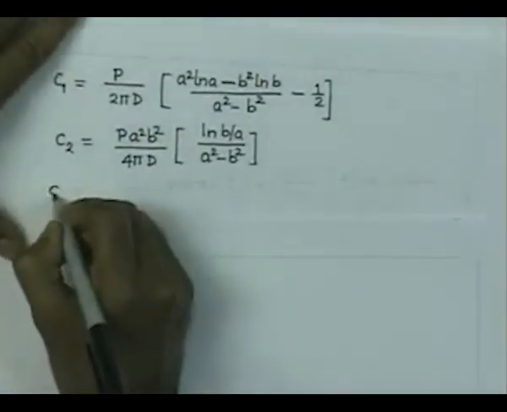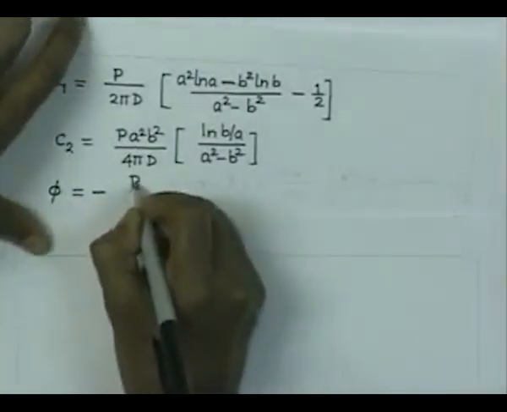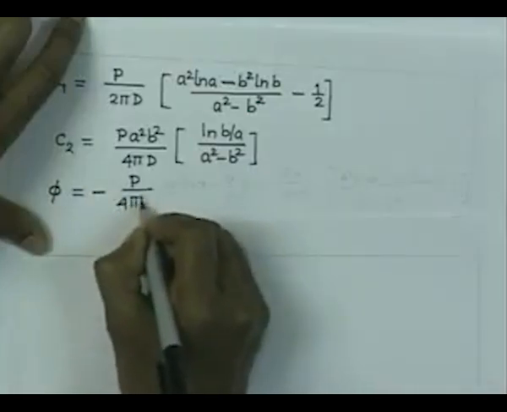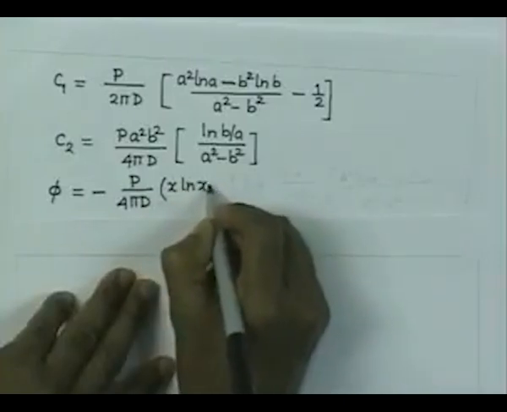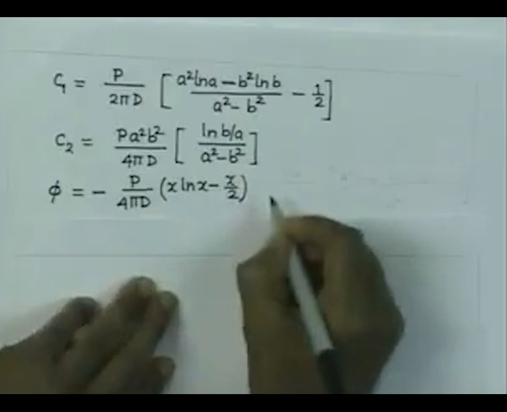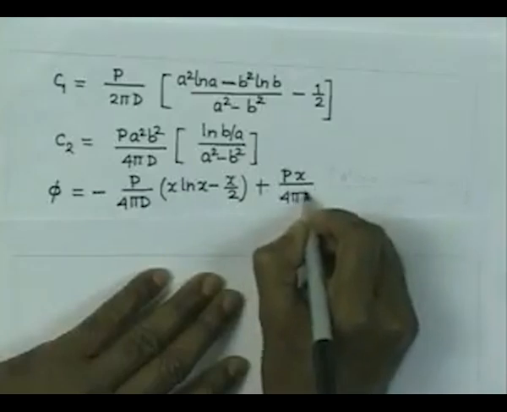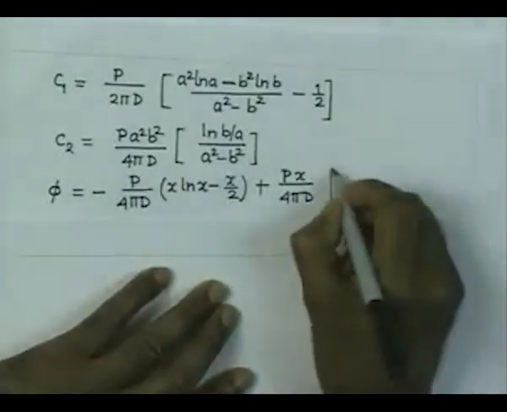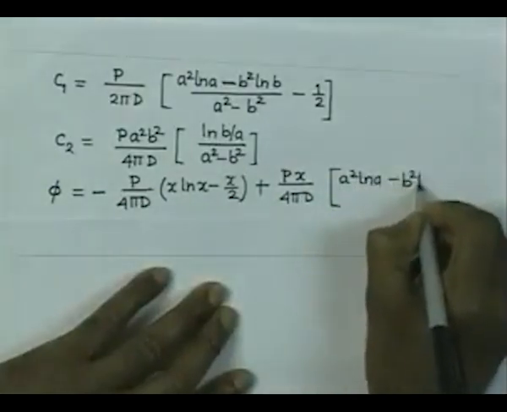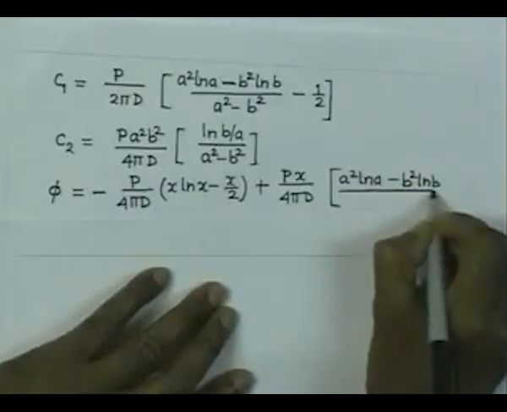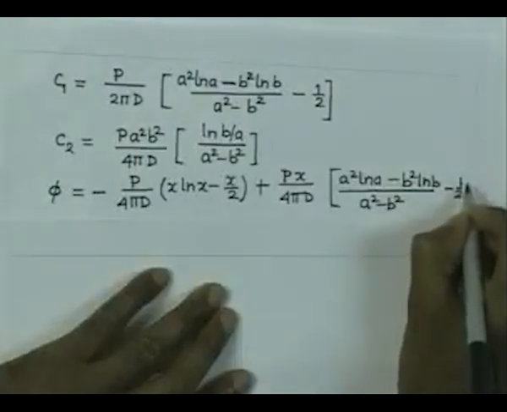Finally, we get phi in the form minus p by 4 pi d x ln x minus x by 2 plus p by 4 pi d x into a square ln a minus b square ln b divided by a square minus b square minus half.